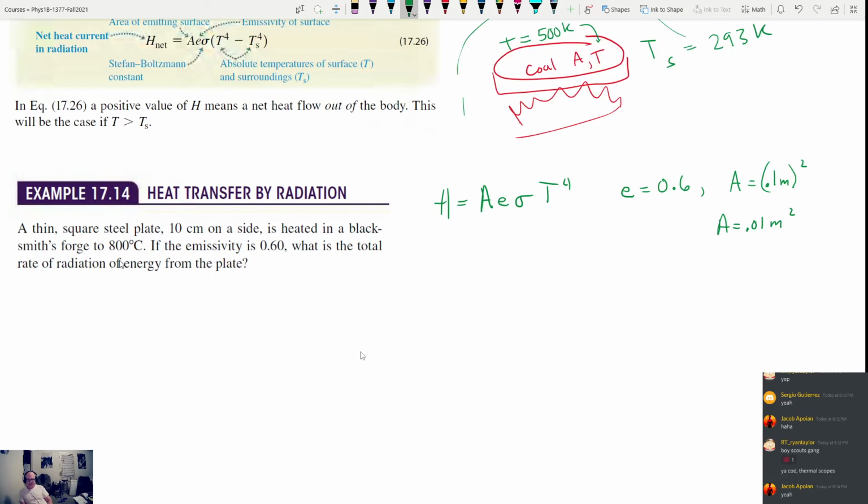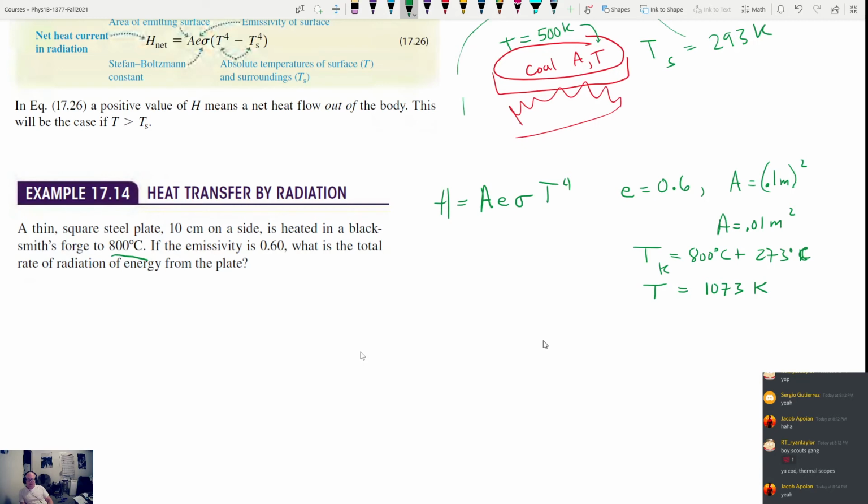It's also telling us that the temperature is 800 degrees Celsius, but for us, the temperature needs to be in Kelvin, so 800 plus 273. We'll just use 273. The temperature in Kelvin is going to be 800 plus 273, which would be 1073 Kelvin.